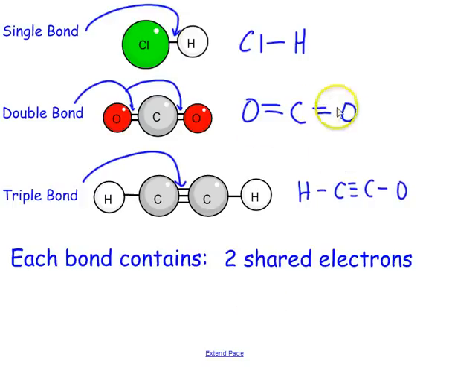The C double dash O, and then this molecule here, which is acetylene, C triple dash C, and then a single, whoops, this should be a hydrogen right here. Let's fix that. So this is acetylene gas that welders use in their torches.